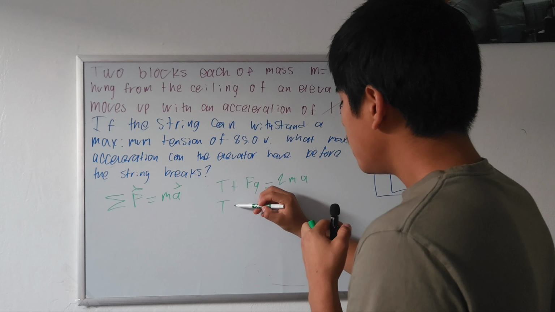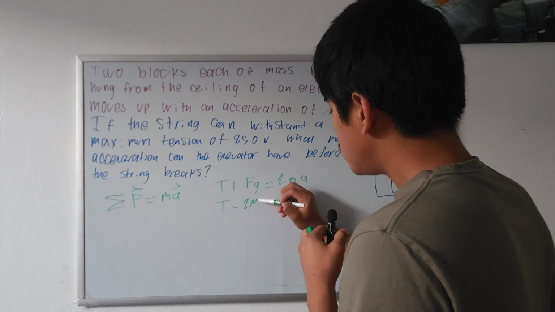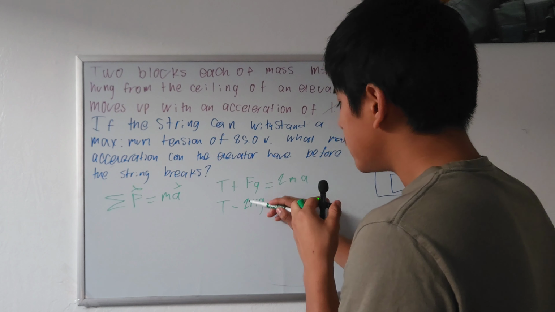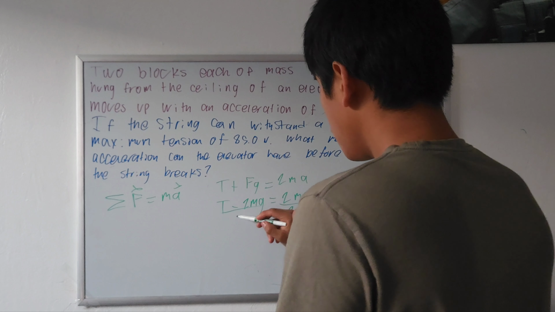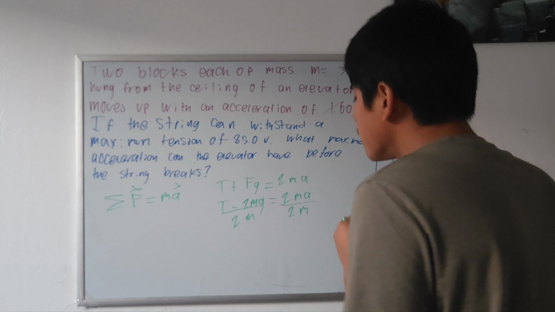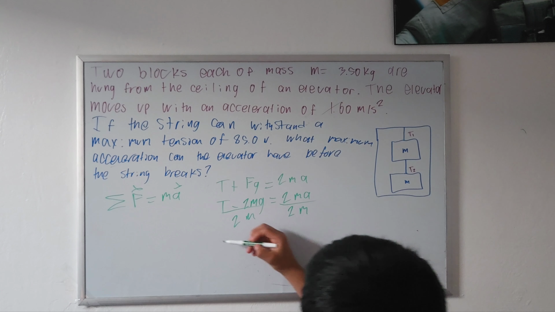It's going to be T minus 2mg, because we have two masses hanging, equals 2ma. Since we're asked about the acceleration, now we're just going to isolate for acceleration. So we're going to divide by 2m over here and over here. Now we have acceleration is equal to T minus 2mg all over 2m.